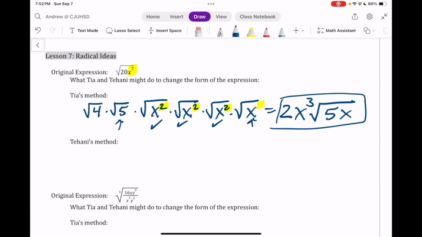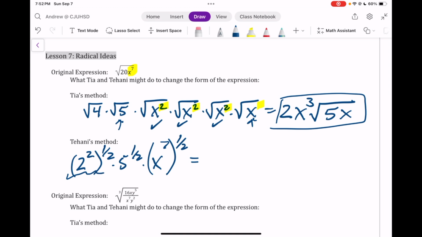Tehani would say that this is 2 squared to the 1/2 power. 2 squared is 4. 5 to the 1/2 power. x to the 7th to the 1/2 power. Okay, now just a piece at a time. 2 squared to the 1/2. That's 2 times a half, or just 2.